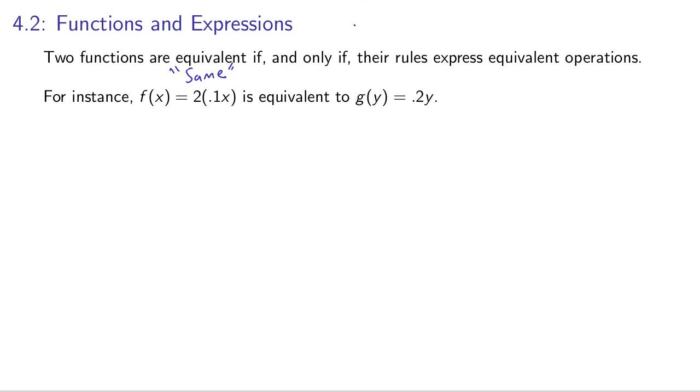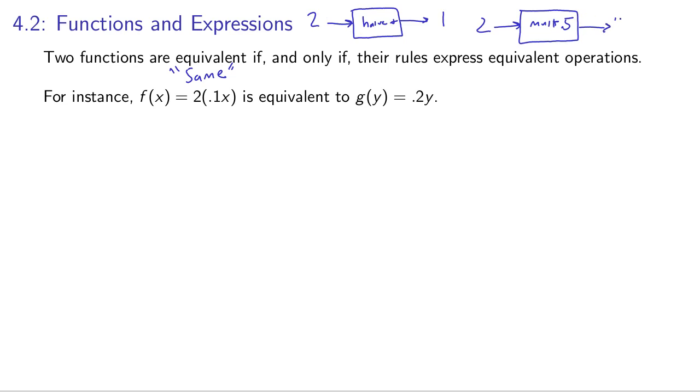For instance, if I have a function whose black box rule is halve it, which means take it in half, and I have another function whose black box rule is multiply by 0.5, those are equivalent. Those are the same function, because if I put in 2, I'll get out 1. And if I put in 2, I'll get out 1.